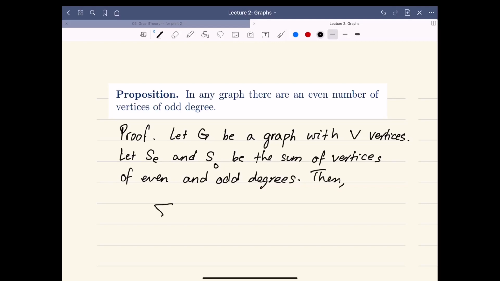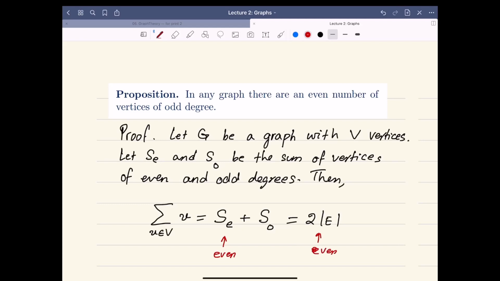We will say the summation over v belonging to capital V of degree of v will be equal to the summation of all vertices of even degree plus the summation of all vertices that are odd, and this is equal to twice the number of edges. So from this equation, this is even and this is also even.